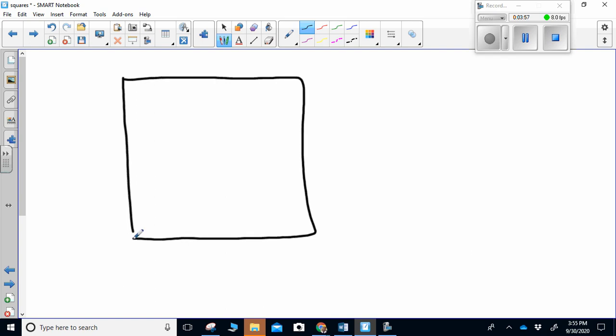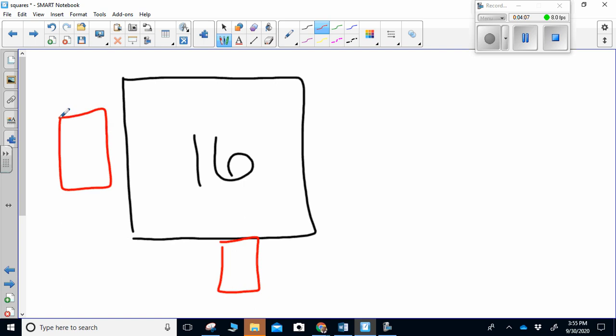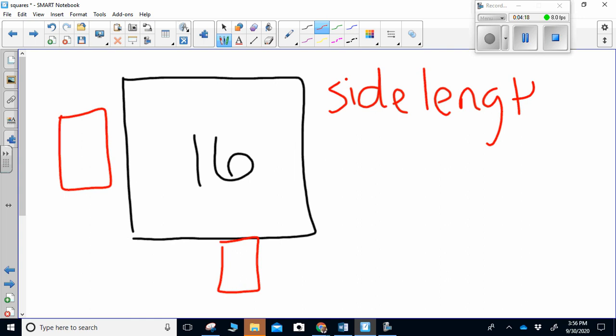So draw this on your paper. And this square has a 16 in the middle. So I'm thinking about what twins could I multiply together to get 16? What is the side length of my square?